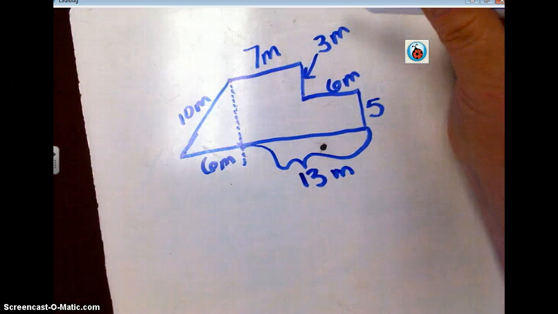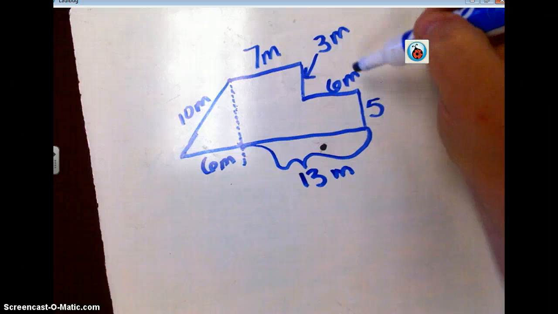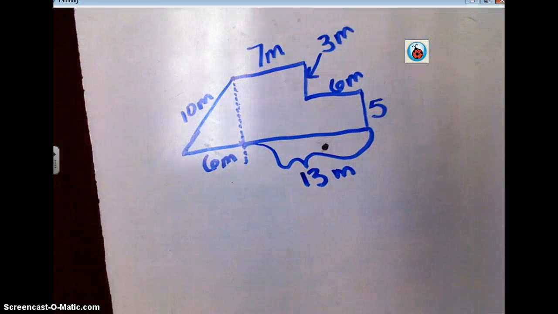Okay, so this one, you can do one of 2 ways. Actually, there's probably more than just 2 ways, but I can think of 2. You can do it where you break it into a triangle and 2 rectangles.